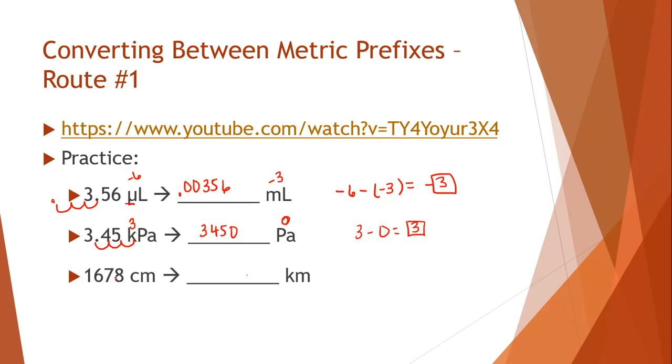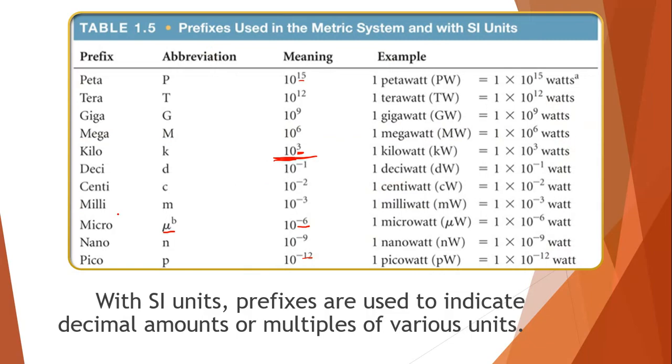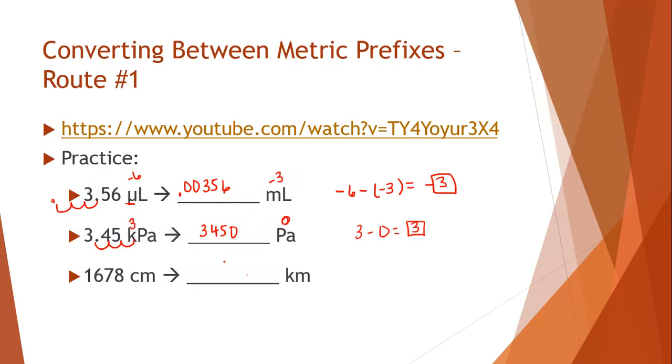And the last one is 1,678 centimeters to kilometers. Centimeters, if we look up here, centi is -2, kilo is a 3. So here we have -2, and then here we have 3. So -2 minus 3 gives me a difference of -5, and we care about that 5.